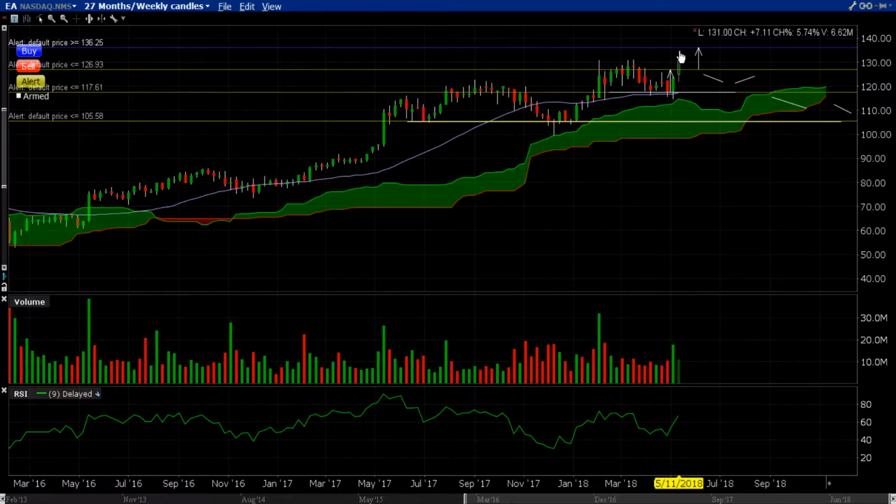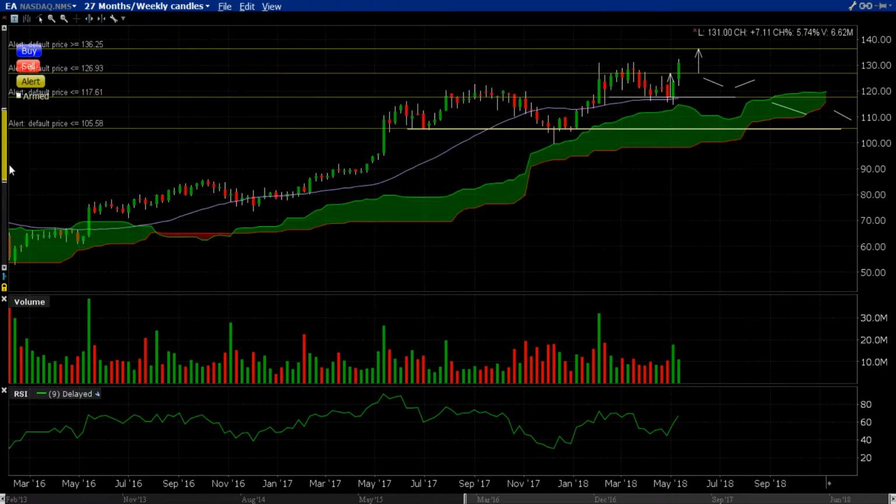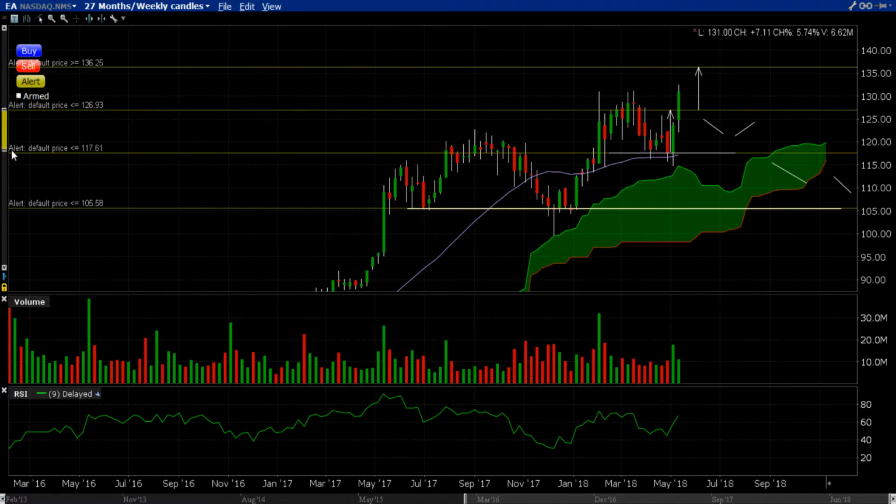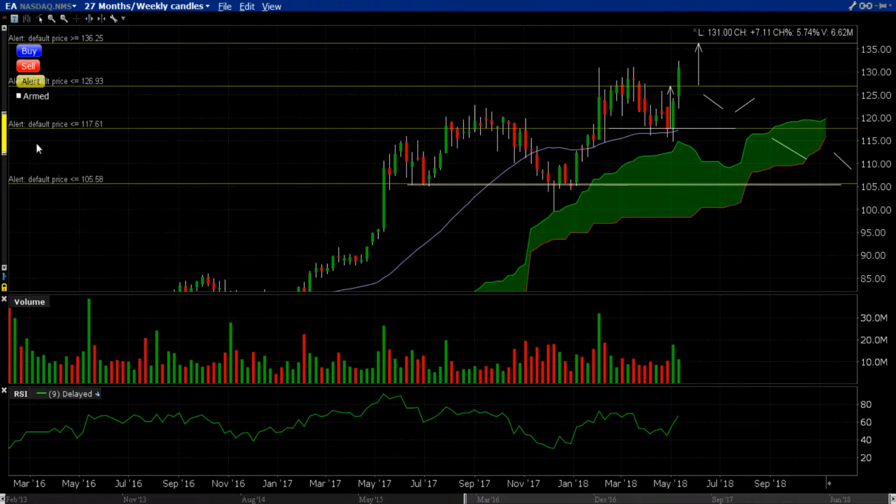When the price action is on top of a green cloud, uptrend; when you're below a red cloud, downtrend; and the more you move sideways, the more the cloud thins out, and that indicates stage 1 or stage 3. So right now what happened, you had a nice stage 2 going up. It broke out of here. Now it started forming a stage 3.